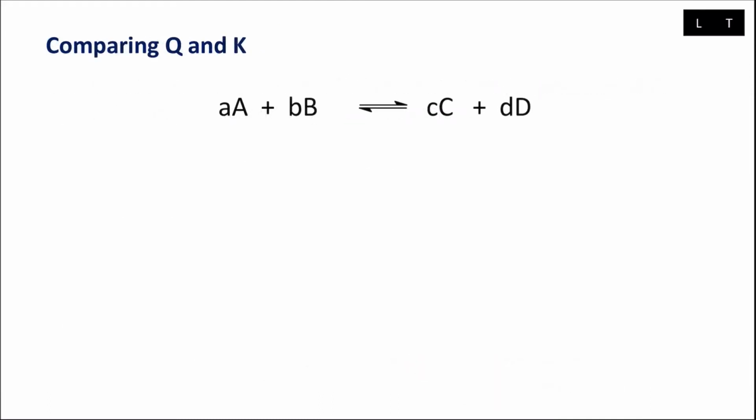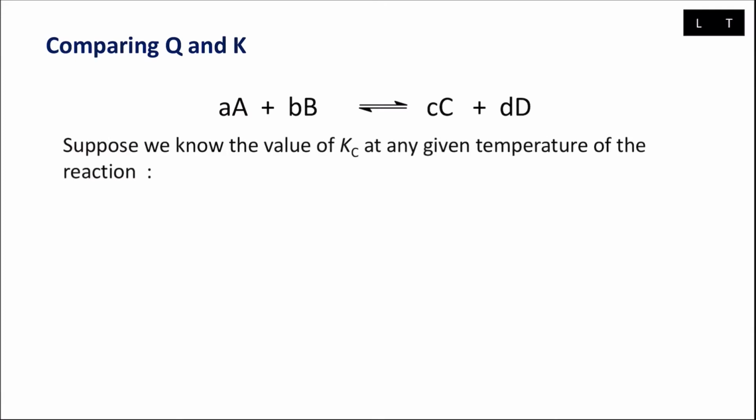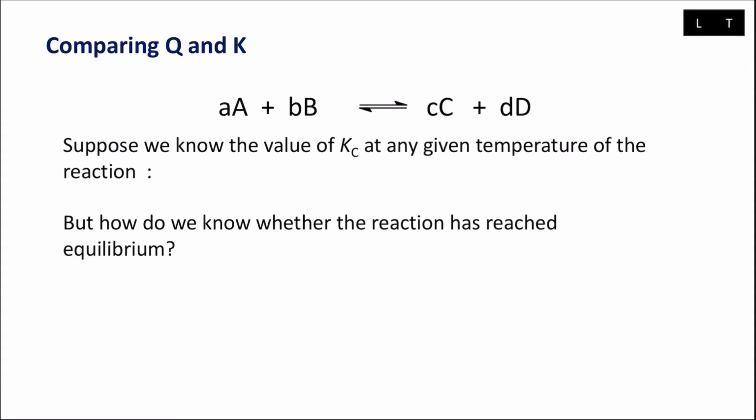Next, if I have this, this is a reversible reaction. Let's say we know the value of Kc at any given temperature for the reaction. But from the value of Kc, how do we know whether the reaction has already reached equilibrium?